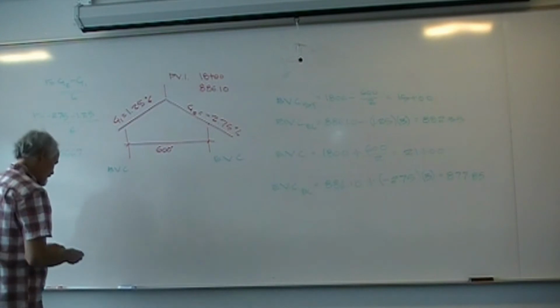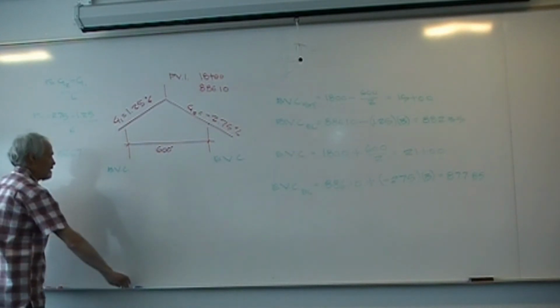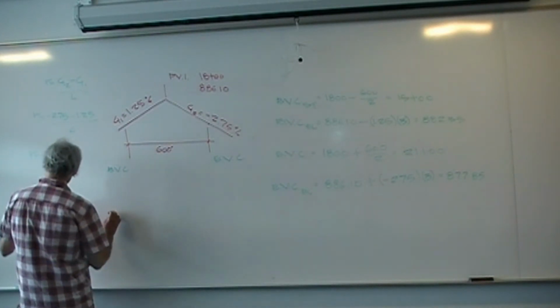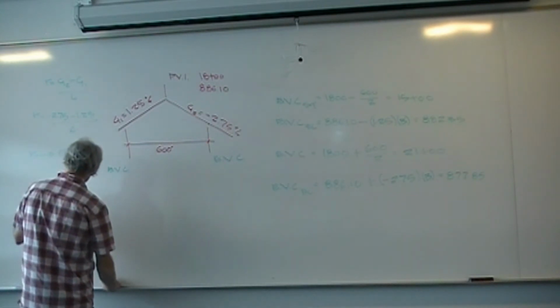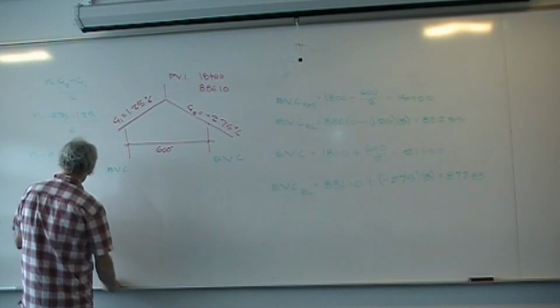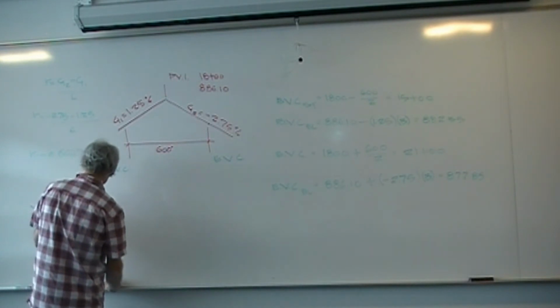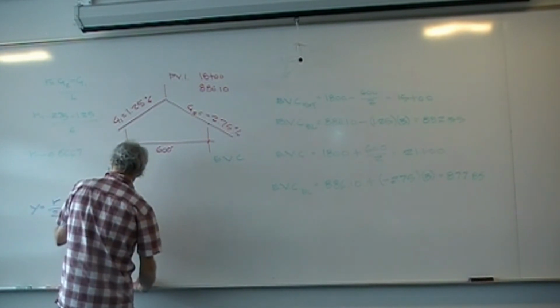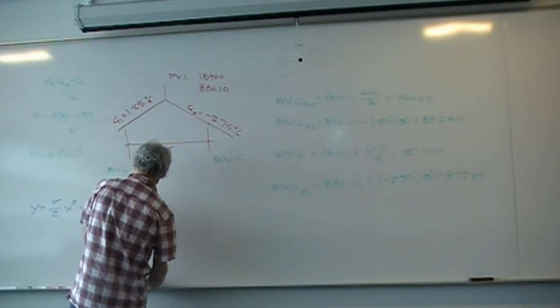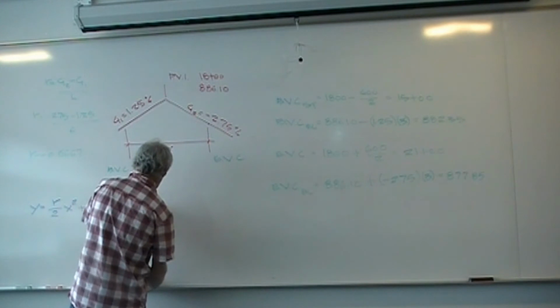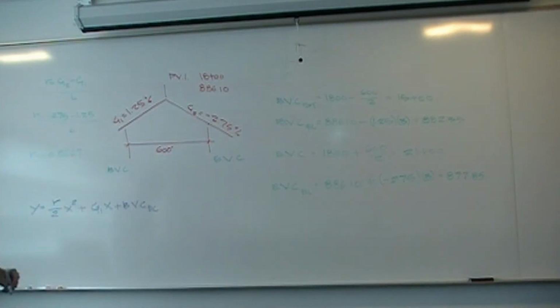So we're ready now to write the equation of the parabola. The equation of a parabola generically says y is equal to R over 2 x squared plus G1 x plus BVC elevation. So we're literally just going to plug things in.